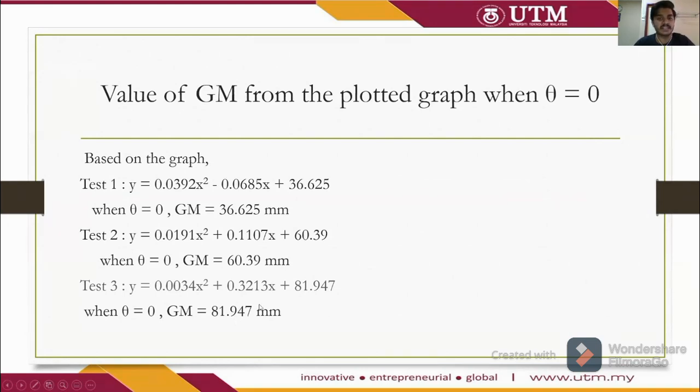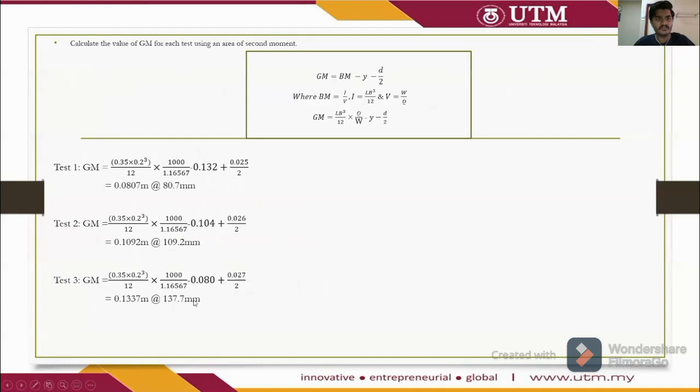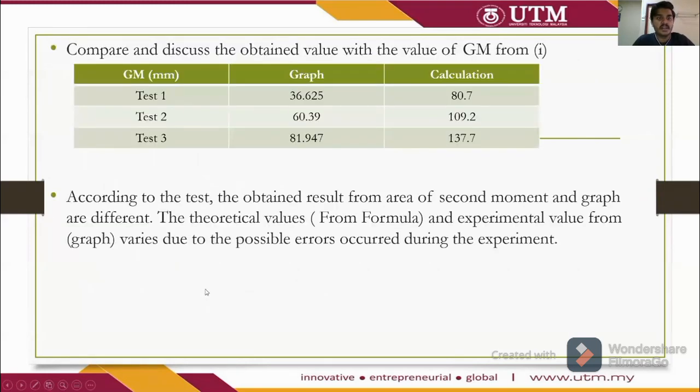This is the experimental result. When we calculated theoretically, with the formula, our results are different. For the first test it is 80.7 mm, the second test is 109.2 mm, and the third test is 137.7 mm. We can see that the experimental and theoretical values are different. This is basically because of the errors that occurred during the experiment.